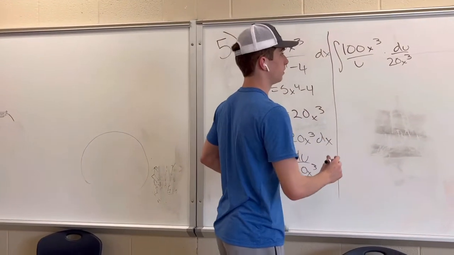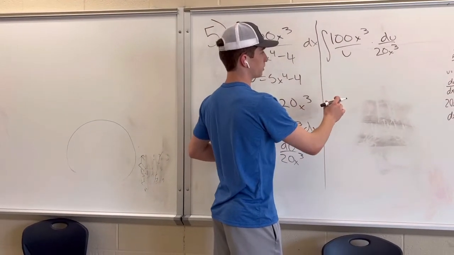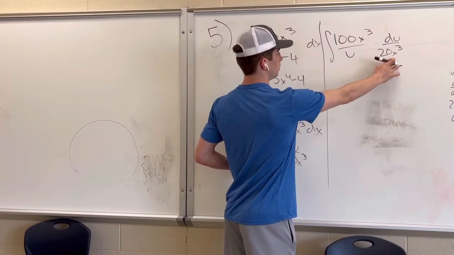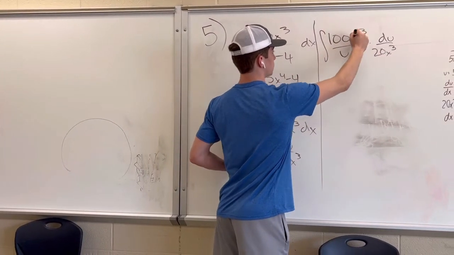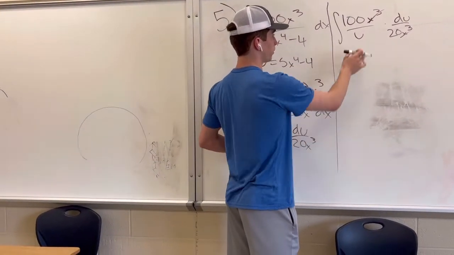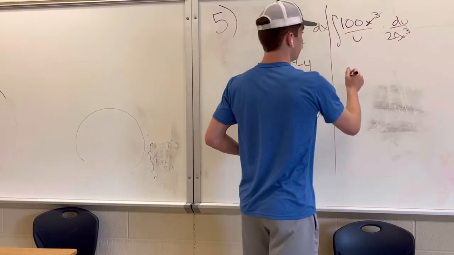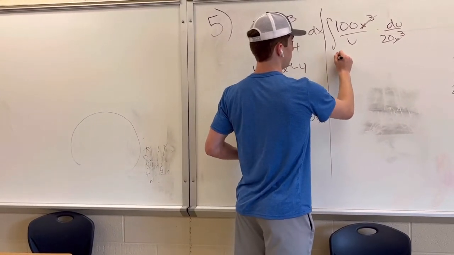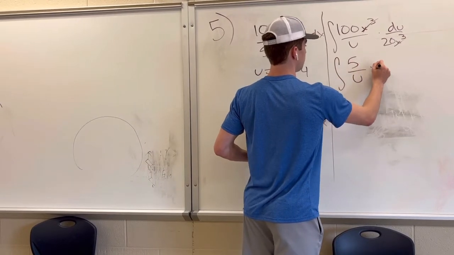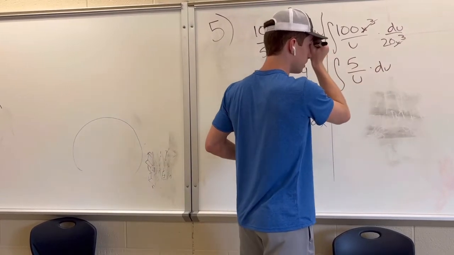Just divide it there. And so our first step here is to just simplify. So these x to the power of 3's will cancel out, and the 100 and the 20 will simplify to 5 and 1. So we'll have the integral of 5 over u times du.